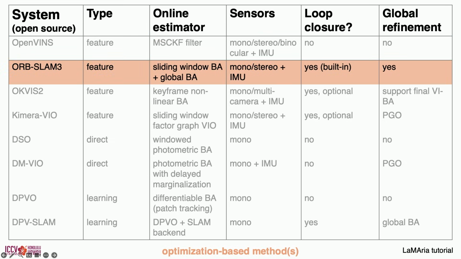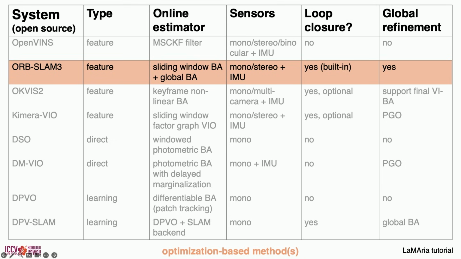Then we have the optimization-based methods, which are ORB-SLAM3, OKVIS, and Chimera. ORB-SLAM3 has both local and global bundle adjustment in its pipeline, and it's sliding window based. It utilizes ORB features, and it also incorporates loop closure and place detection as well as global refinement.